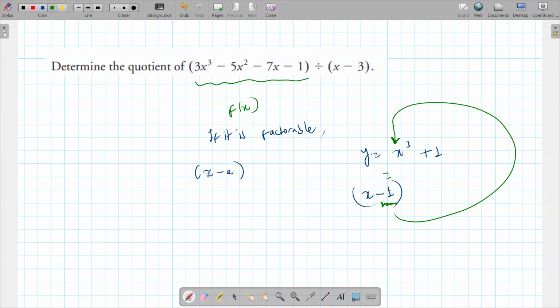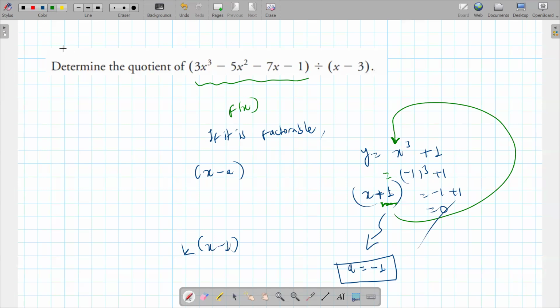Because it comes automatically in the form of x minus a, that means your a value, your x-intercept, is actually -1. Just like transformations, the inside of the bracket automatically comes with a minus sign. So if there's a plus sign, that means a is -1.